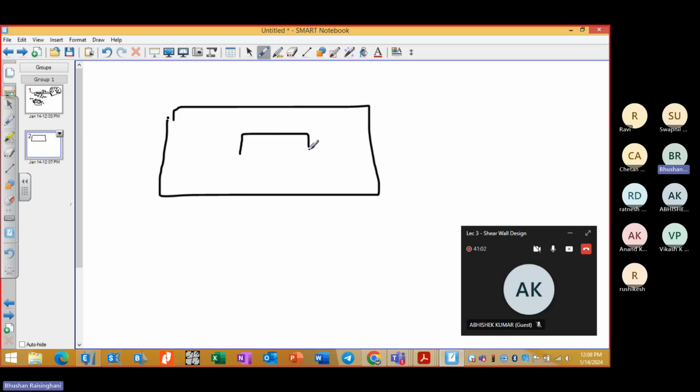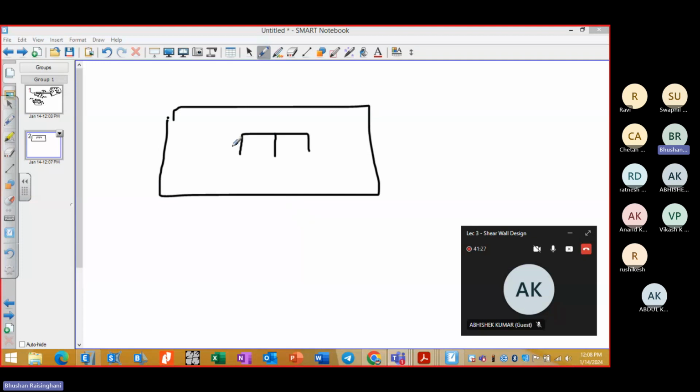So there is a core in center, so it may be a double core or a single core like this in one direction, and we may have a different set of walls in the other direction, but I have seen only central core, and all are the columns in the perimeter and all those things. So that is not suggested because it will give first mode as torsion. So keeping only the core wall, you need to check for torsion. Otherwise you have to have very good density of this wall.